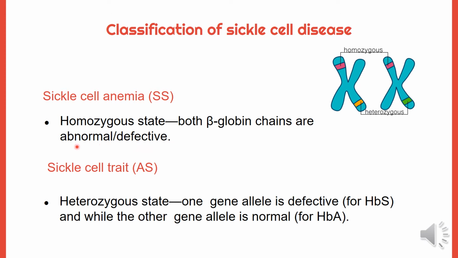While in sickle cell trait, there is a heterozygous state where one allele is defective, and this will produce HbS. And the other allele will be normal, and this will produce HbA. So the person will have a combination of HbA and HbS.